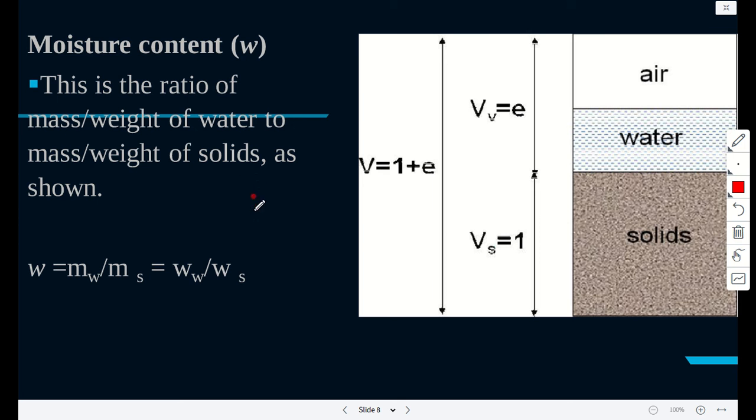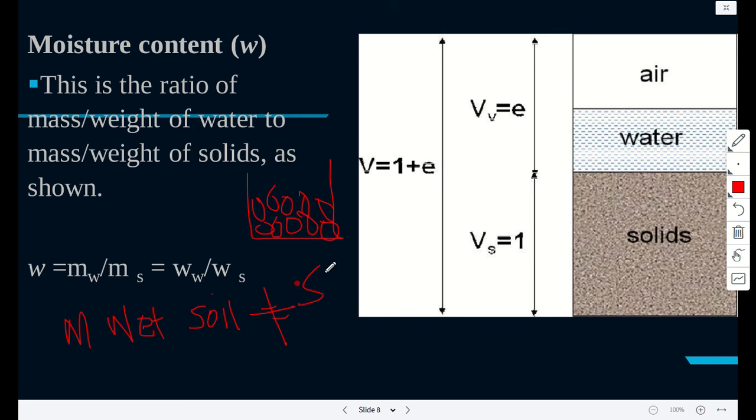For example, when you have a tin here, you put the solid, you first have to weigh the mass of wet soil plus the container.